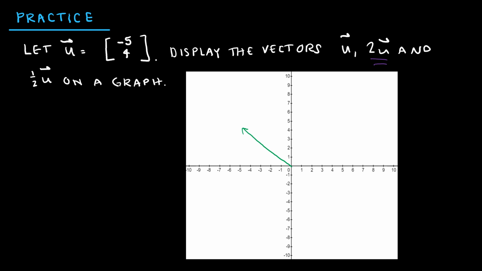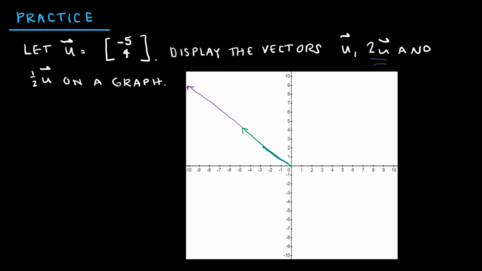I'm not very good at drawing, especially without a ruler. But this point here is negative 10, 8. And then 1/2 u on the graph would be half as long. So I just wanted you to get a visual. So negative 2.5, 2 would be about right here.